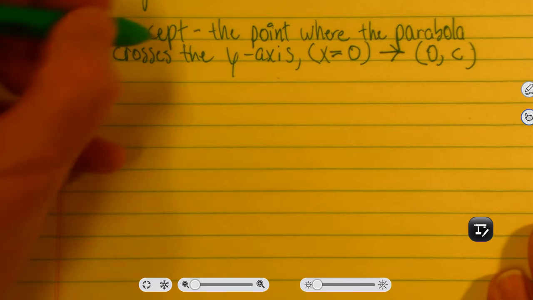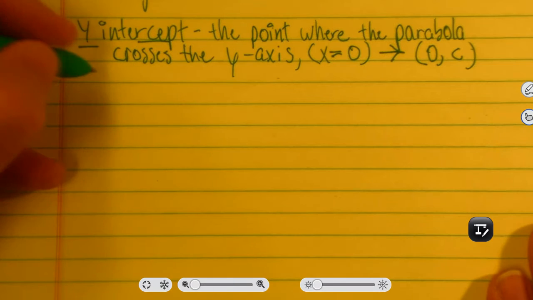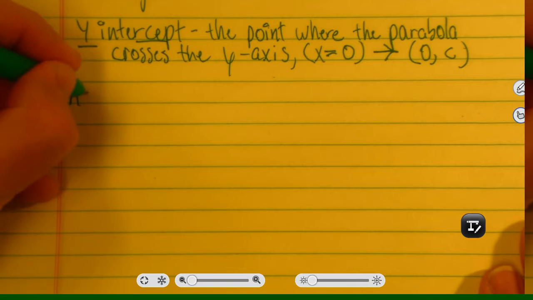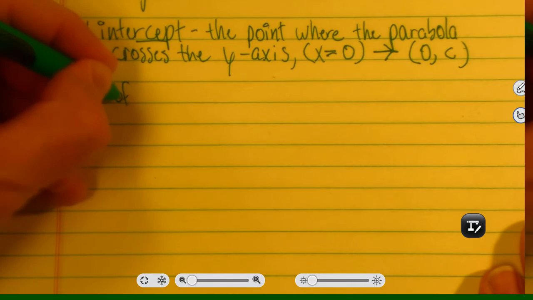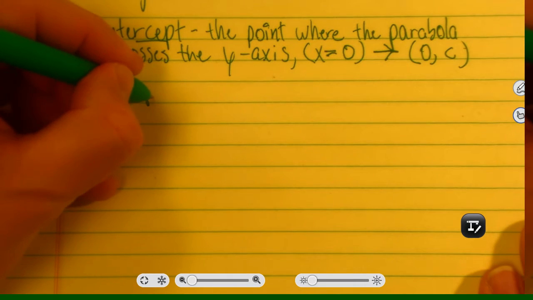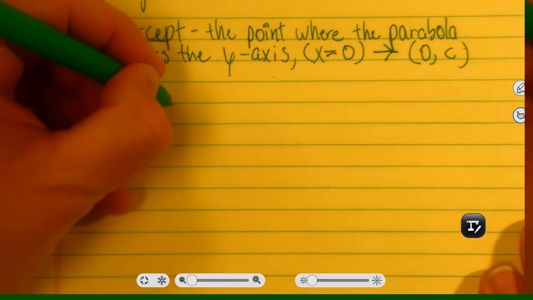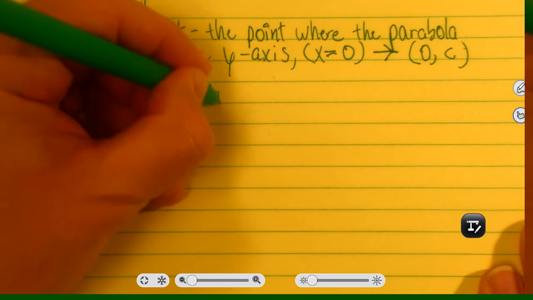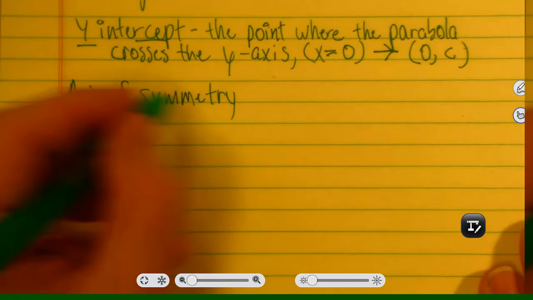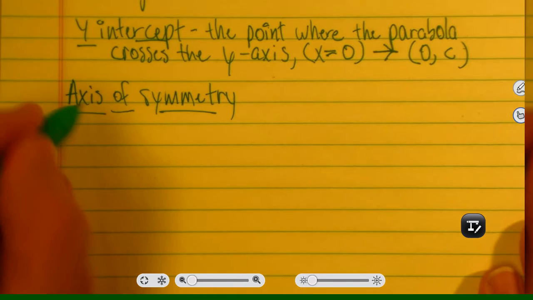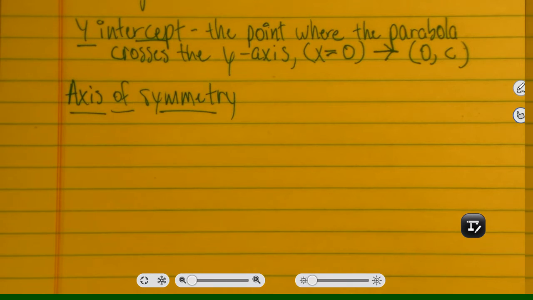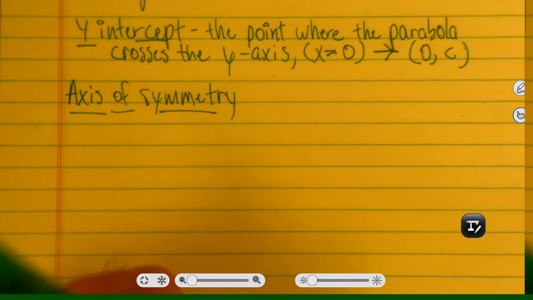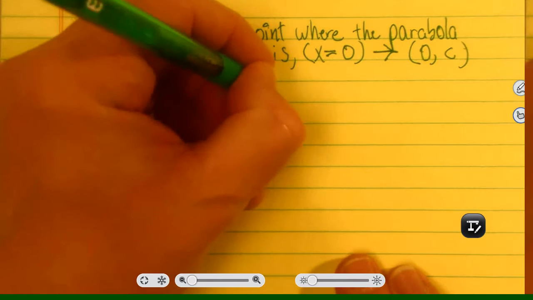There's probably a new term here that you've never heard of called the axis of symmetry. I try to get your vocabulary down to just the words you need to understand and use. This is one we're going to use a lot. The axis of symmetry is a vertical line. In other words, it's an up and down line.